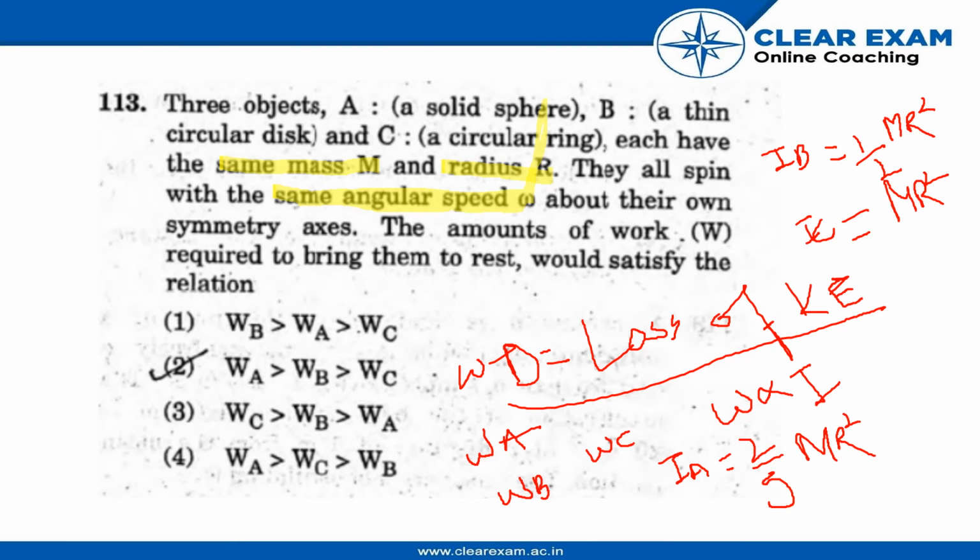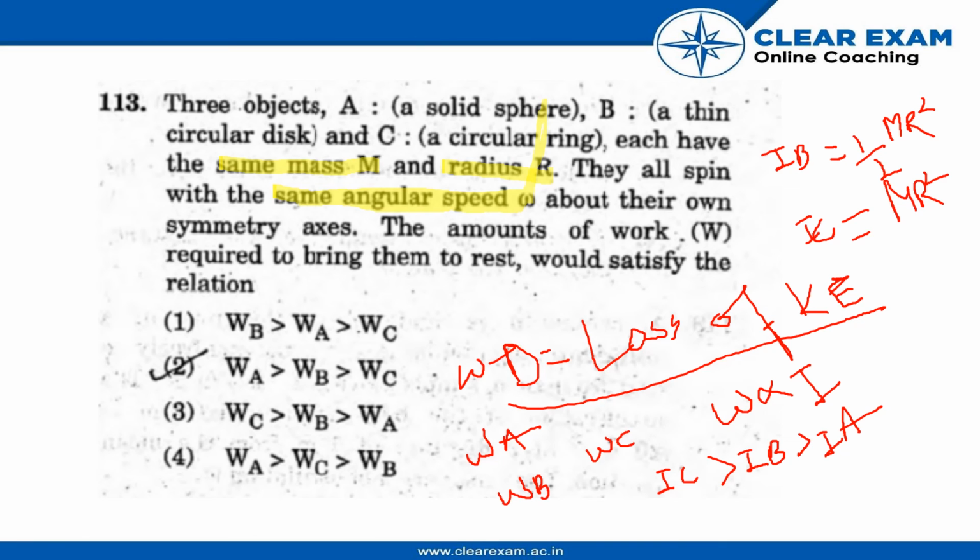So here we will write it down: IC greater than IB, then IB greater than IA. IA was 2 by 5 mr square, IB was 1 by 2 mr square, and IC was mr square.